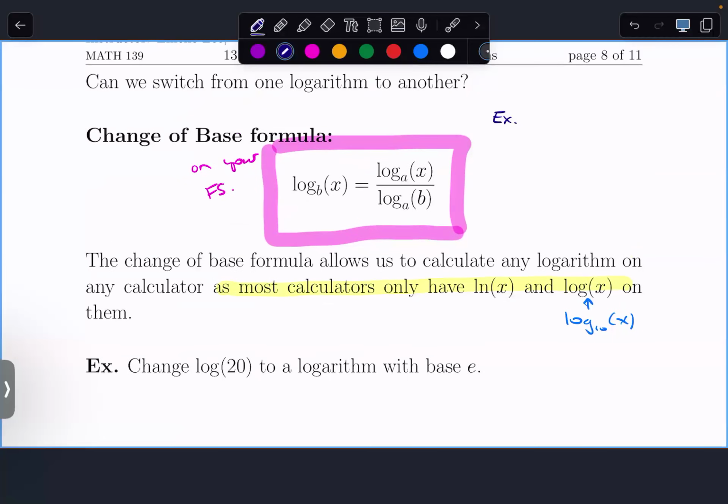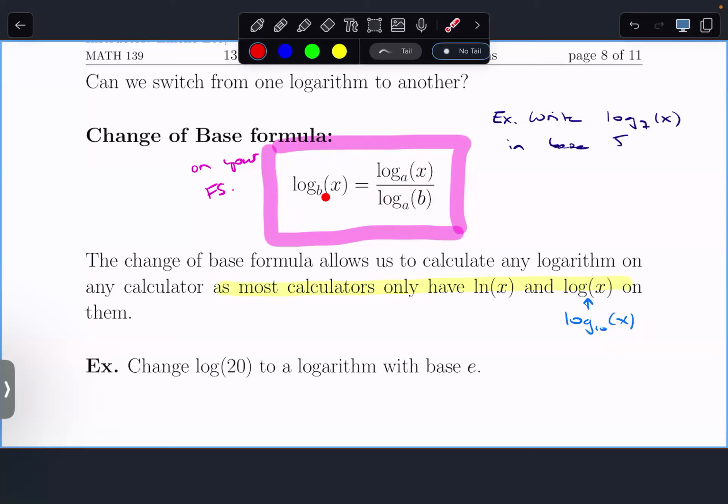As an example, if we want to write log base 7 of x in base 5, so now I can say, okay, if I have log base 7 of x, but I want it in terms of log base 5, what can I do?